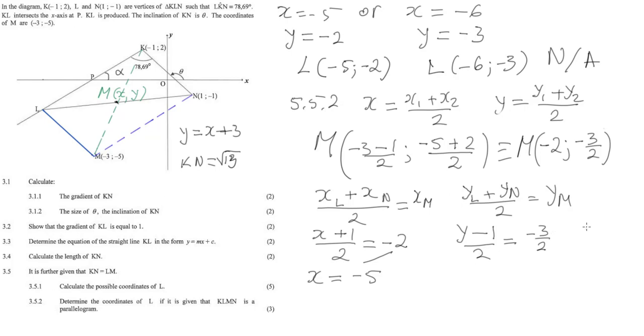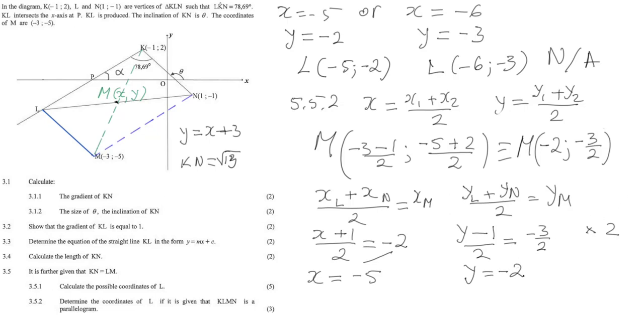If you multiply both sides by 2, the 2s will be cancelled out.